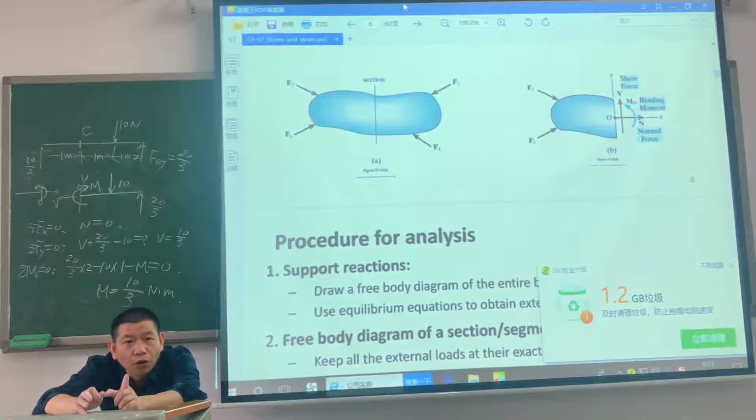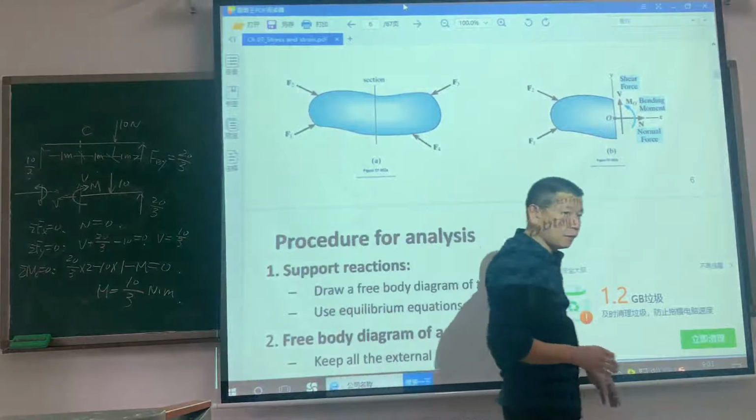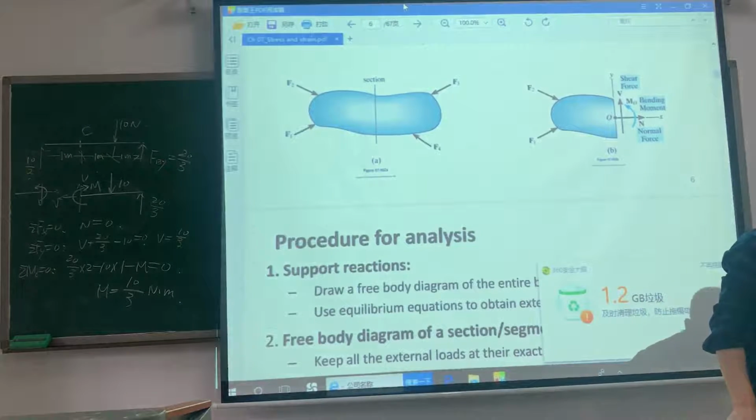So in mechanics of materials, we determine the sign of the moment by deformation.